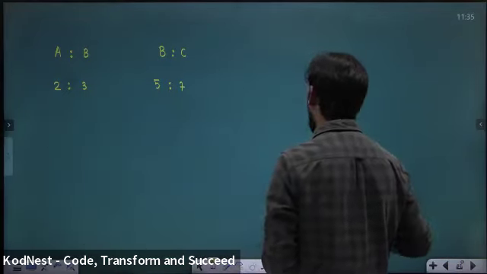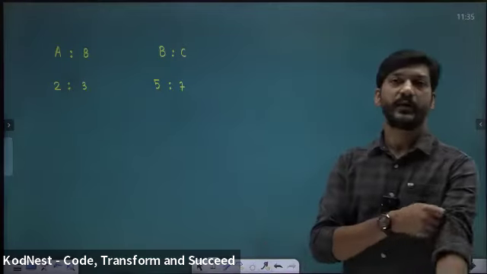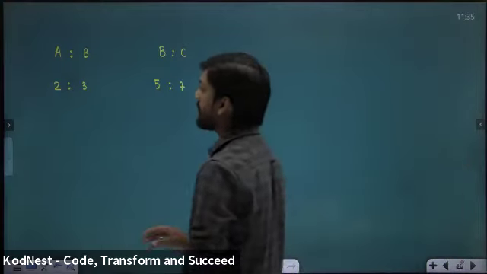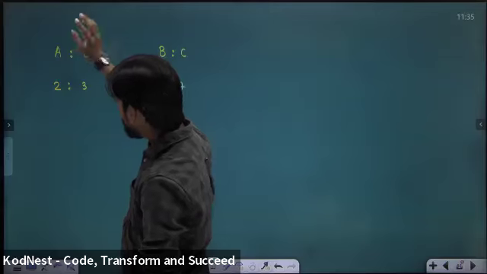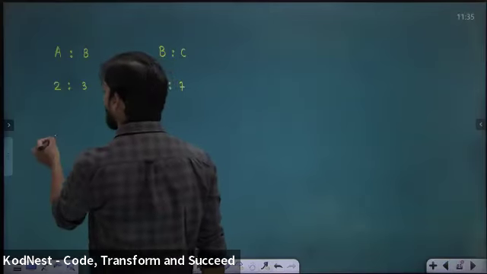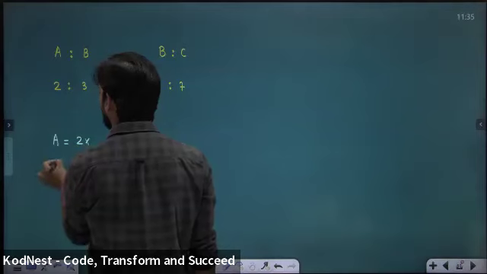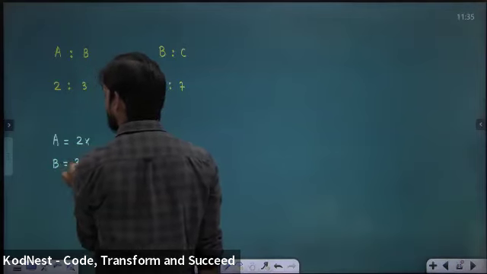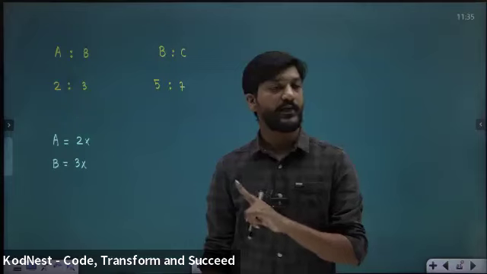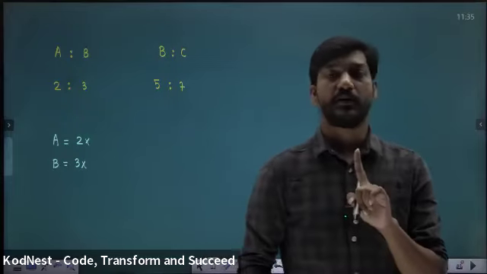Now carefully see something. Previously, a ratio was there. From the ratio, we have written A equal to 2x, B equal to 3x. Yes or not? We have written this on the previous page.